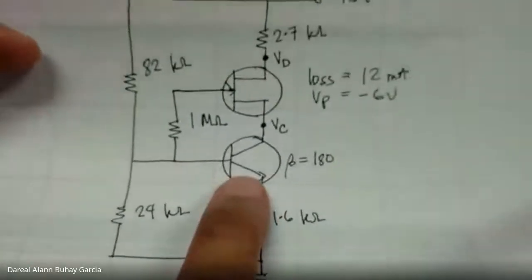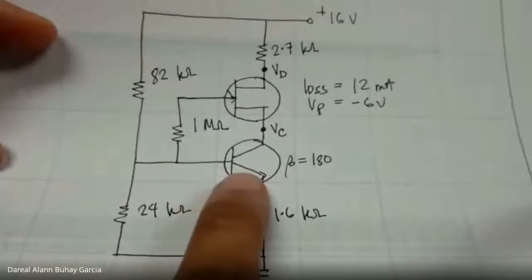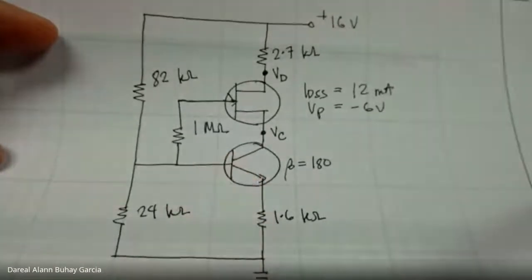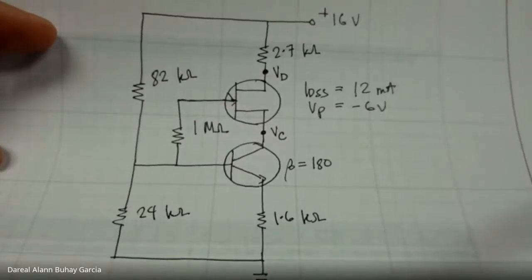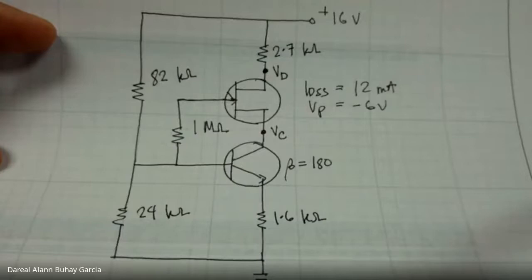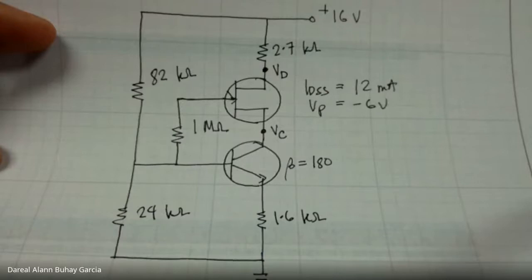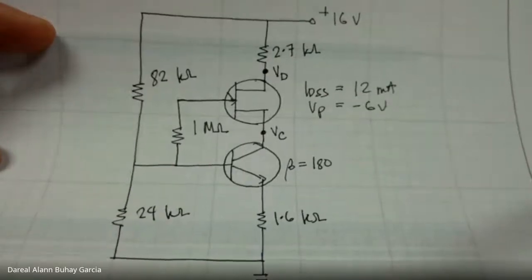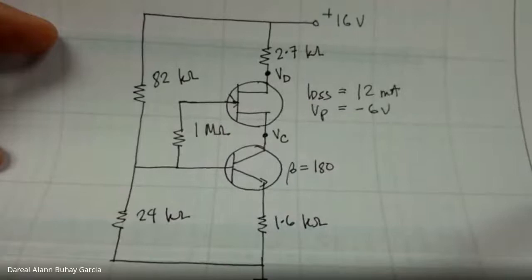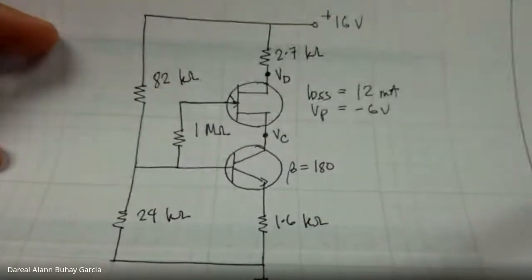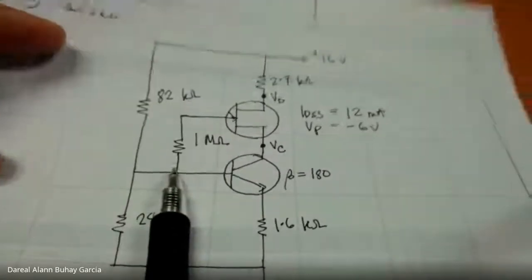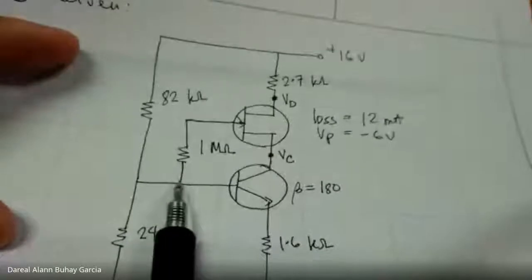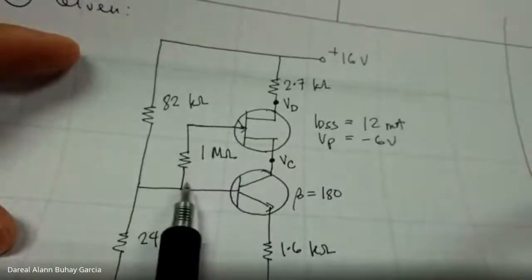So again, with respect to our BJT voltage divider circuit, would the formula for VTH still be the same? The voltage divider formula: V2 is equal to VCC times R2 over R1 plus R2. Is it still the same? It's a legitimate question, because is there a branch here? 1 mega.